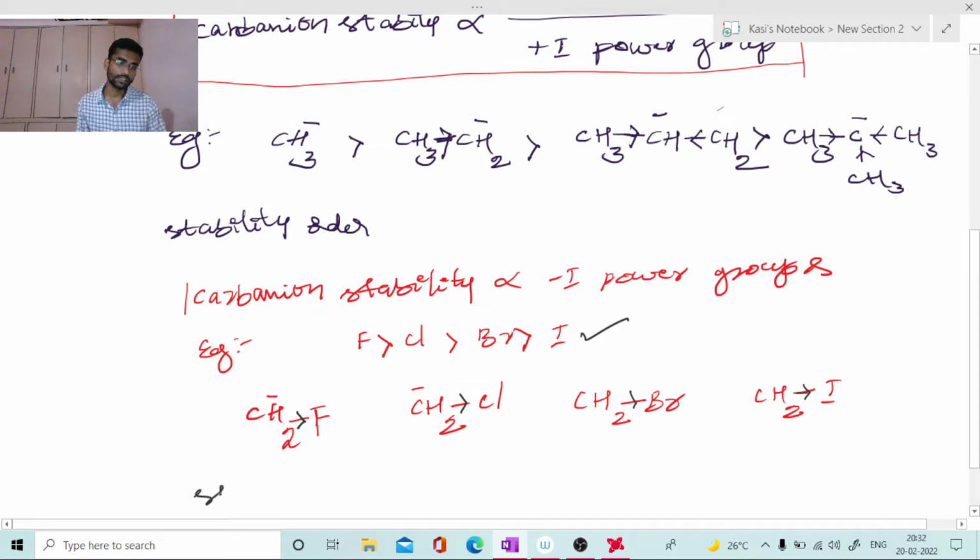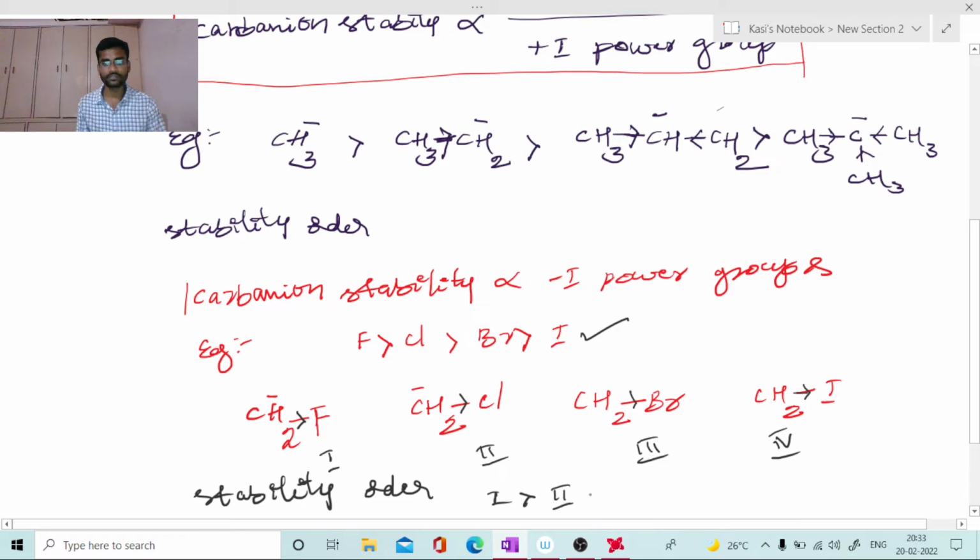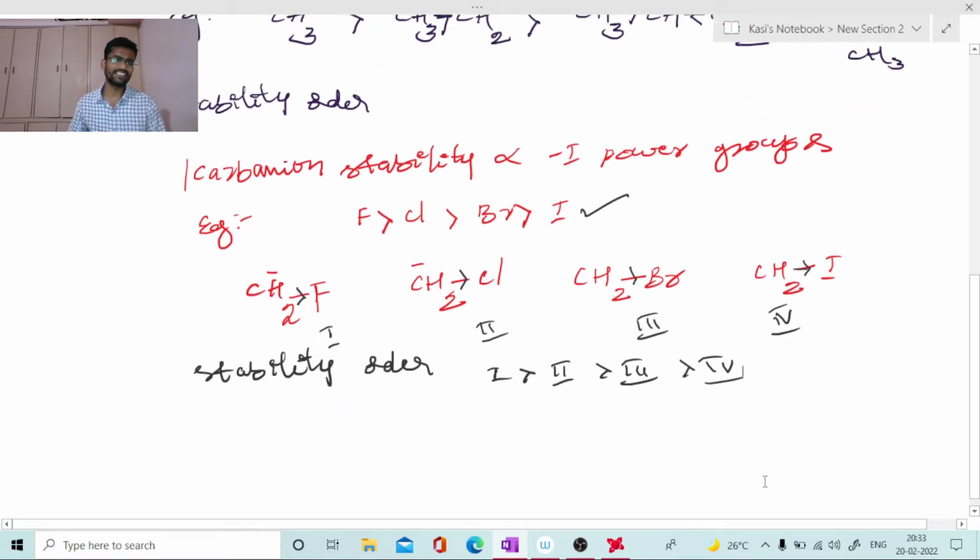Then the stability order of carbanion, suppose I give the numbering 1, 2, 3, 4: 1 is greater than 2, 2 is greater than 3, 3 is greater than 4. What is the reason here?